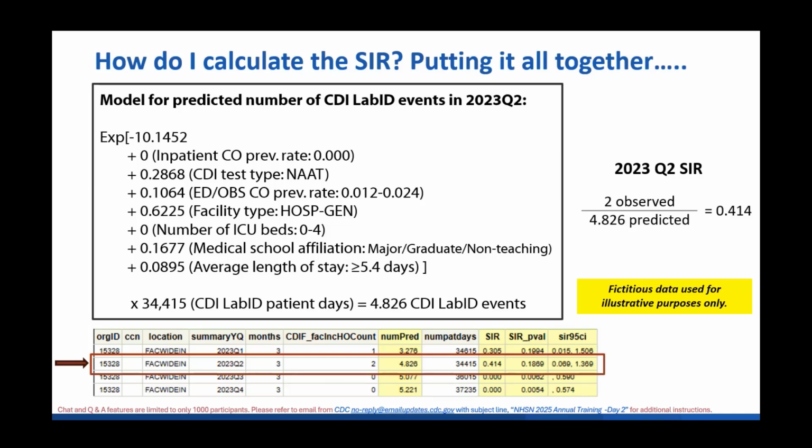As you know, in the statistics world, we will call that a non-significant p-value, so we cannot say that SIR is significantly different from 1. In the next column over is the 95% confidence interval, and it ranges from 0.69 all the way to 1.369. And you will see that the value of 1 is right in the middle of those two.